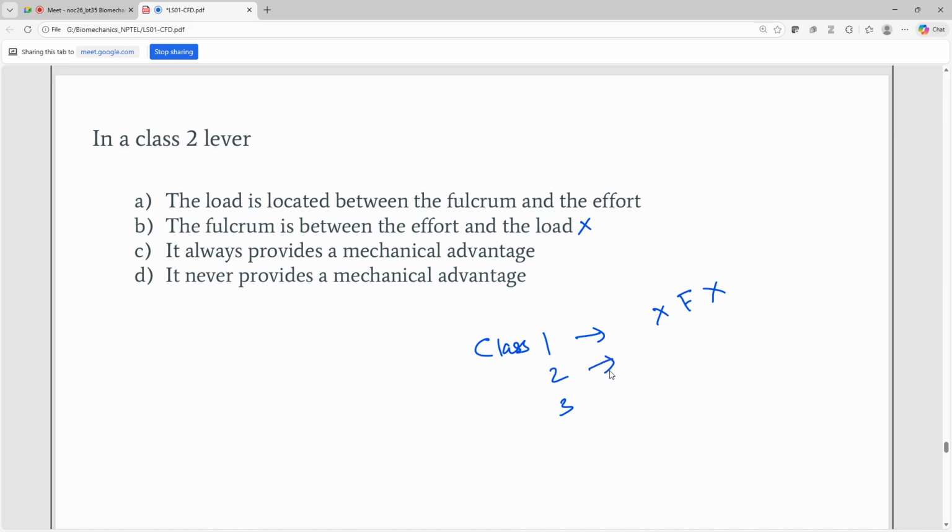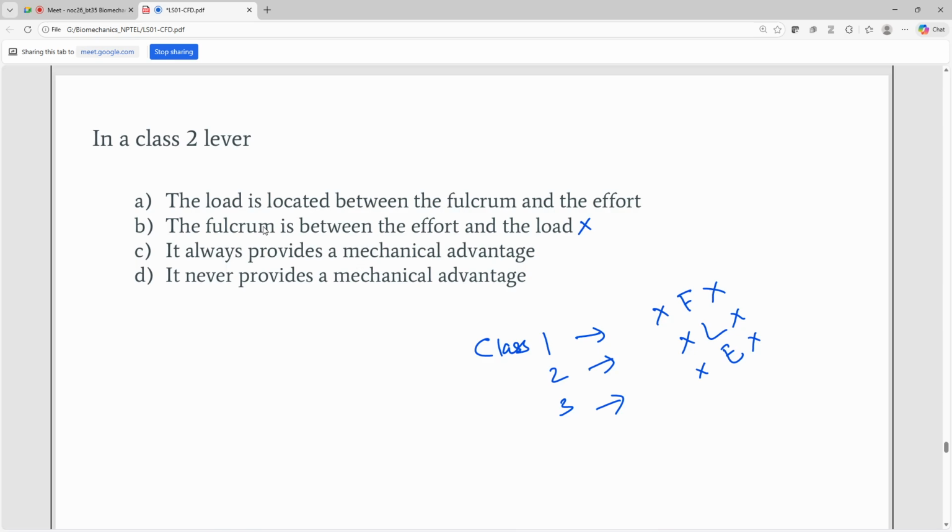In class 2, load is in the middle. Effort and fulcrum can be on the sides, but load is in the middle. And the third one is effort in the middle. So if you keep this in mind, FLE: first, fulcrum in the middle; second, load in the middle; third, effort in the middle.